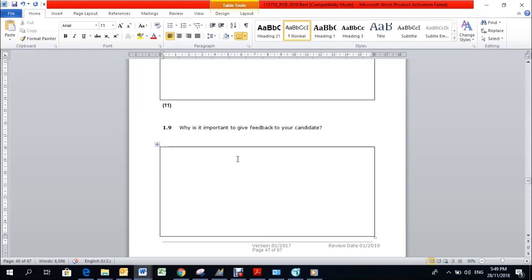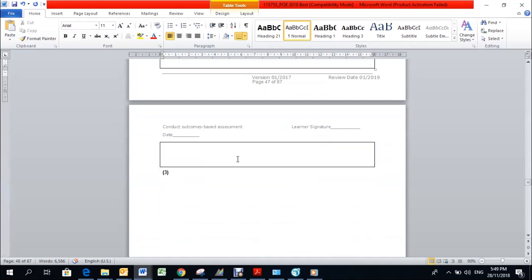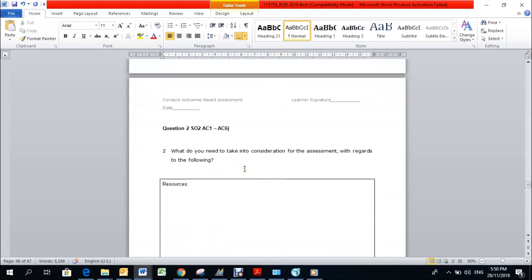In simpler terms, we call that corrections, but it's remediation in this context. That is the reason why we have to give the learners feedback. And the SETAs do require an assessor to have a signed document to say, I've received the feedback, because if they don't put a signature on the feedback form, it means the learners did not receive the feedback. We carry on to the next question.